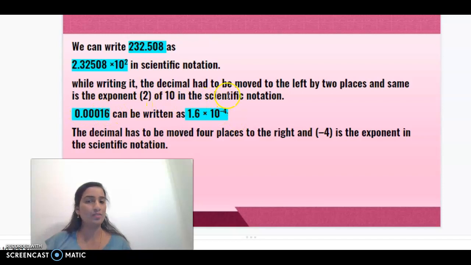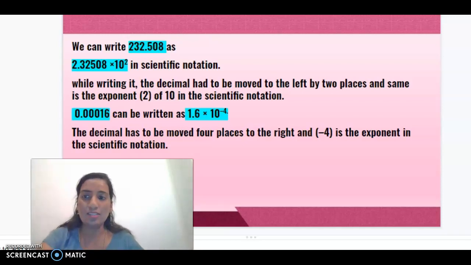So minus 4. It is a small number, and we have shifted the decimal from left to right. So we express it as 1.6 into 10 to the power of minus 4. The decimal has to be moved 4 places to the right, and minus 4 is the exponent in the scientific notation.